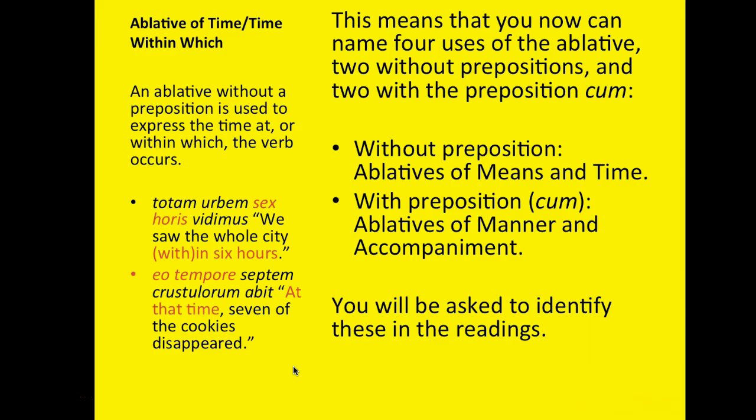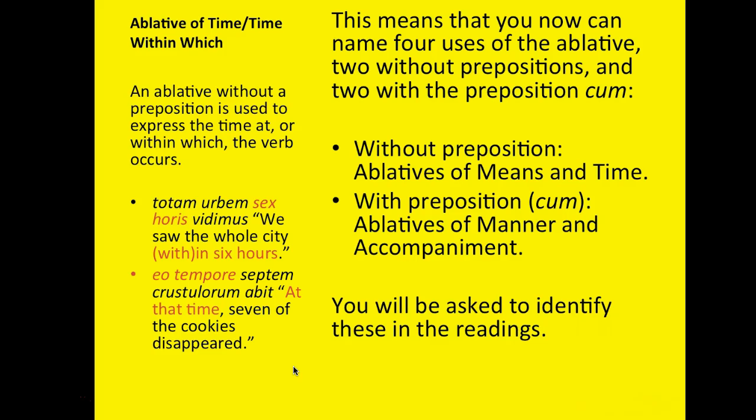In 6 hours is an ablative of time within which, because we saw it within 6 hours. Other expressions that are very common are things like eo tempore or illo tempore. At that time, something happened. In this case, septem crustulorem abit. At that time, 7 of the cookies disappeared. Well, it sets a time within which the verbal action happens.